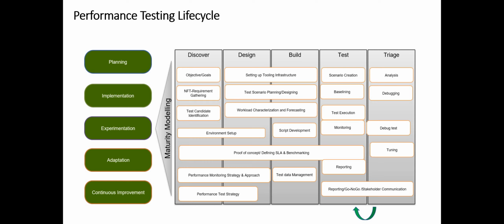In the next section, workload characterization forecasting gives us the breakdown based on production analytics. For example, in real time, how much volume of traffic is being handled by production, if the software we are going to test is already in production. How much traffic is coming for the create order transaction, or for browsing a product page?